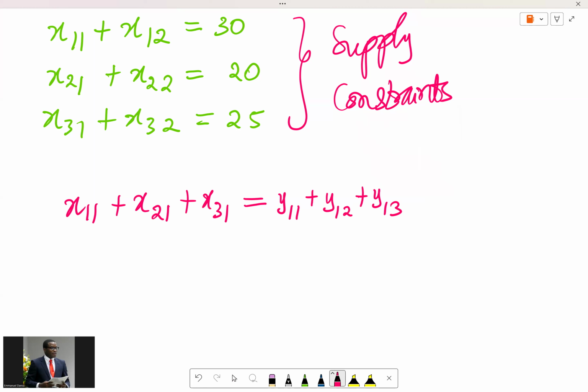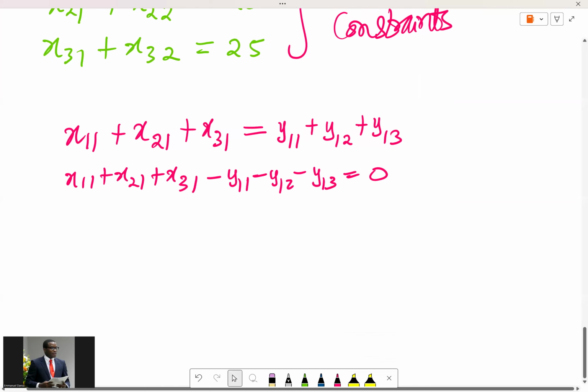So there should be this balance. If you like, you can move all this to the other side so that you have x11 plus x21 plus x31 minus y11 minus y12 minus y13 equal to 0. So we can have this.